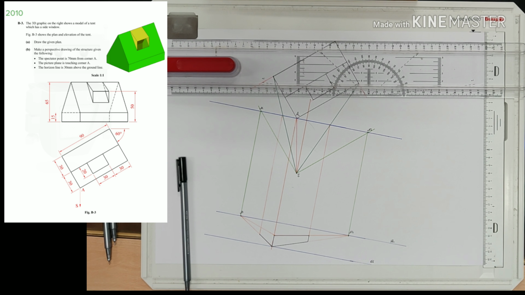So grab him, bring him down to the spectator. And where he crosses the picture plane is the point that I'm going to project down to my perspective. I'll show your lines are parallel. Where he crosses, there we go. I'm going to bring him down.